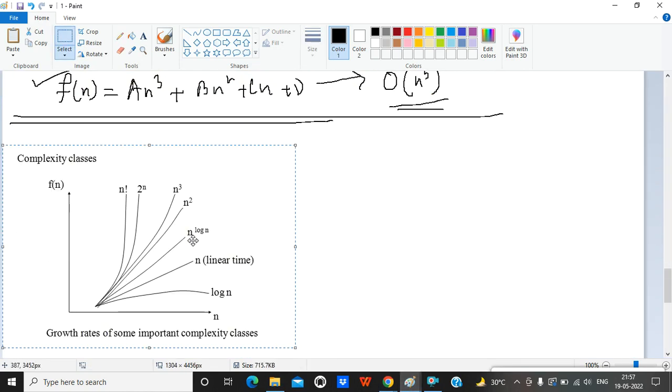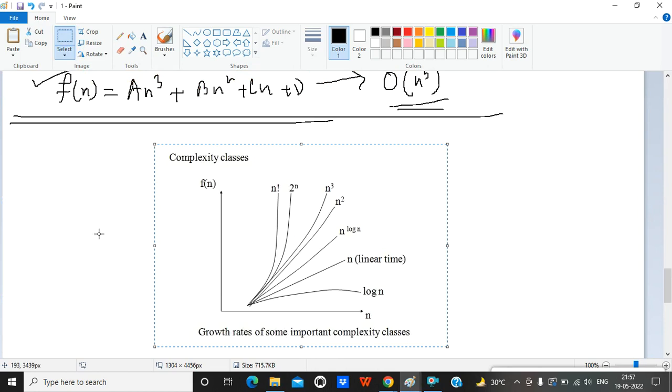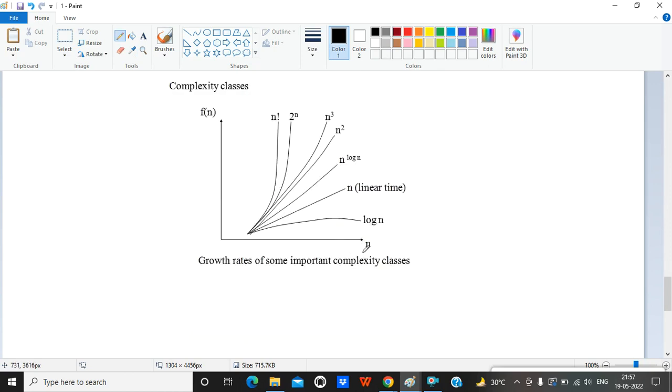Okay, see, these are the different classes of times. So we can plot something like that. This is the number of inputs, n, on the x-axis. This will be the time taken by the algorithm.